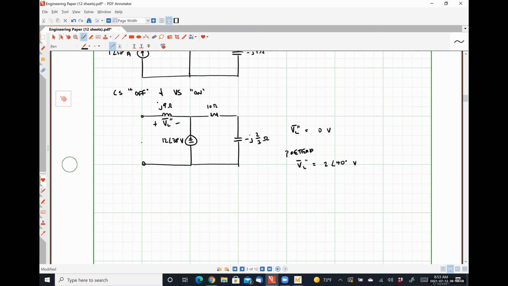So in the previous example, we used superposition when we first solved it, and we were able to add our phasor currents together to get our result, right? We absolutely cannot do that here because our phasors do not contain our frequency information, right?